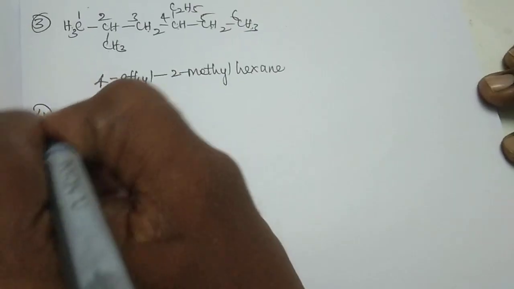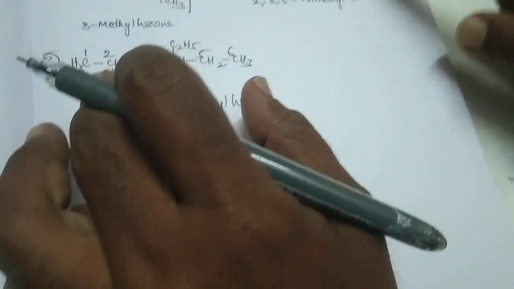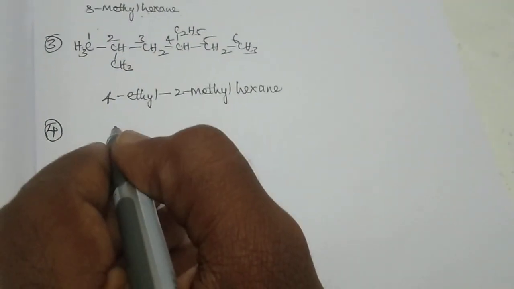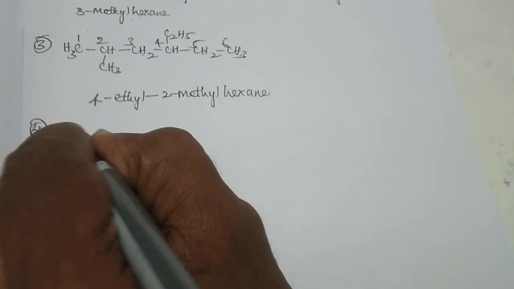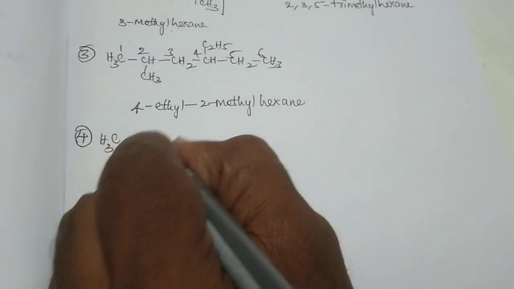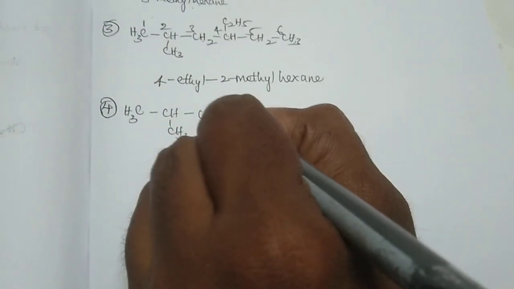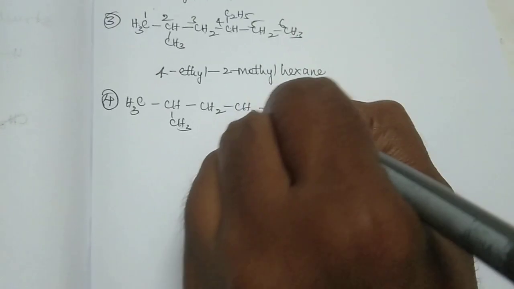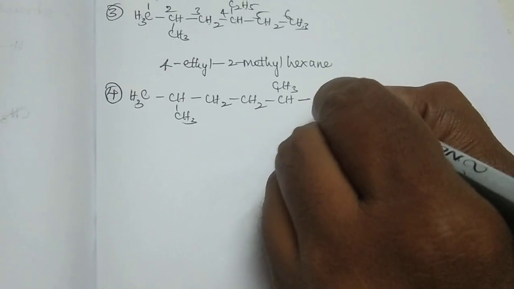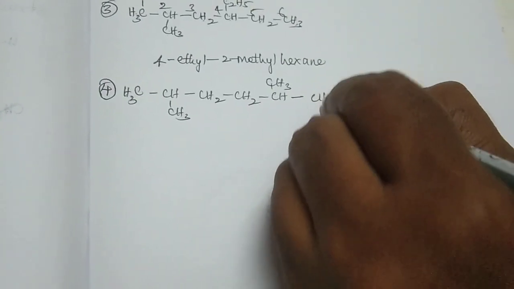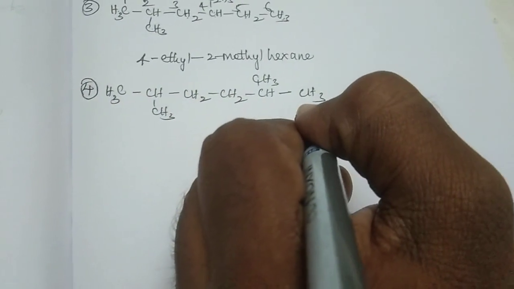Another point is that if the same substitution is present on different carbons, you have to follow the lowest sum rule. The lowest sum rule is nothing but, if the substitution is present here like this, 1, 2, 3, 4, 5, 6 carbon atoms are there.